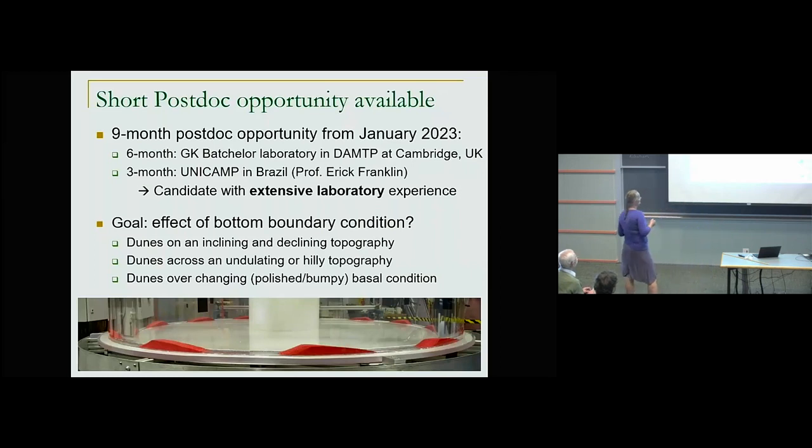It's only 9 months, unfortunately, but we will be looking at the effect of the bottom boundary condition on dune migration in our experiment, in topographies that may be increasing or decreasing or undulating, and also looking at the effect of the roughness here. So if you know of any of your students that are interested in a short secondment, please talk with me.